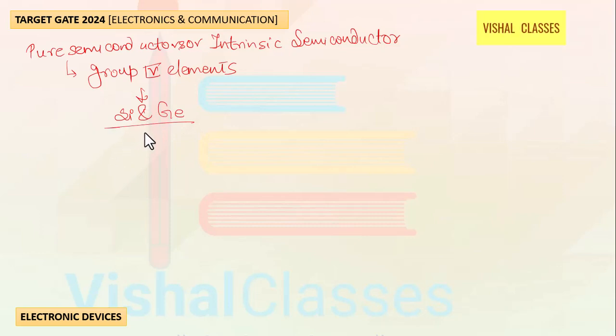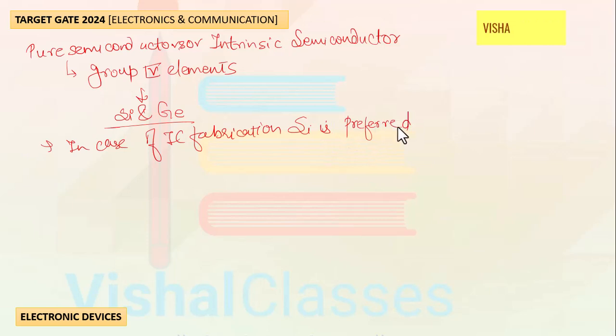Also note one more point. You have seen that in case of IC fabrication, silicon is preferred. Why?